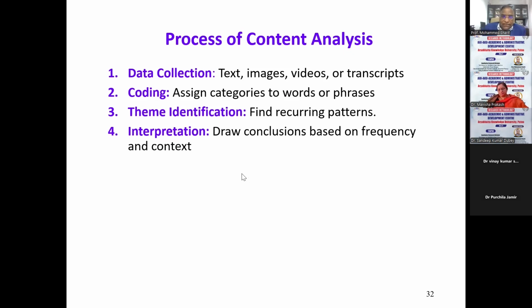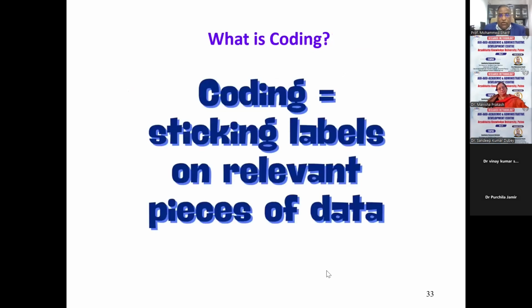Coding is simply sticking labels on relevant pieces of data. So if you have a paragraph, you can attach one code to that paragraph. Then there is another paragraph or some sentences, you can attach another code to that.